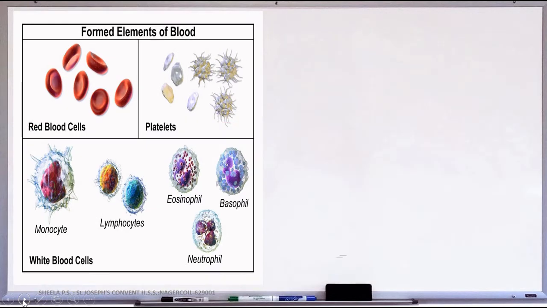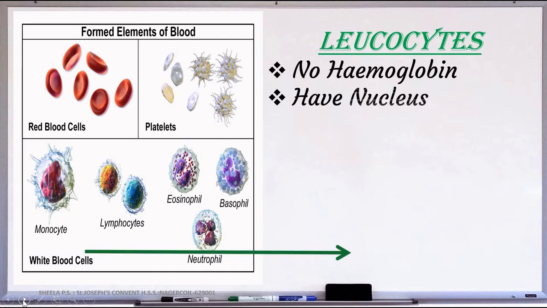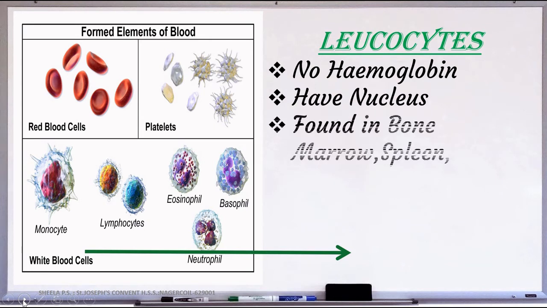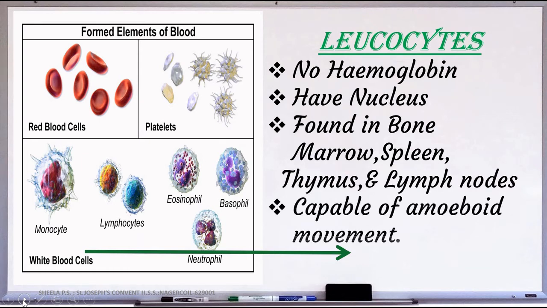The white blood corpuscles, otherwise called leukocytes, are colorless. They don't have hemoglobin, but they have a nucleus, so they are referred to as nucleated cells. They are found in bone marrow, spleen, thymus, and lymph nodes. They move like amoeba, so their movement is referred to as amoeboid movement.